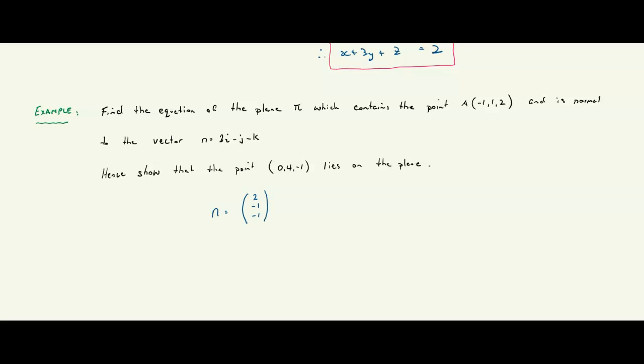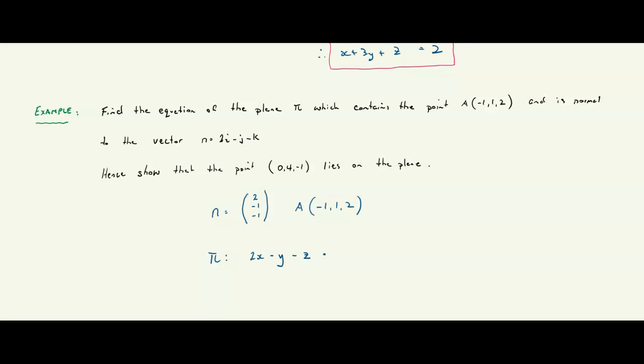Okay, so that is going to help me with A being -1, 1, 2 to get pi, which is 2x minus y minus z. So the coefficients there have come from my normal vector.